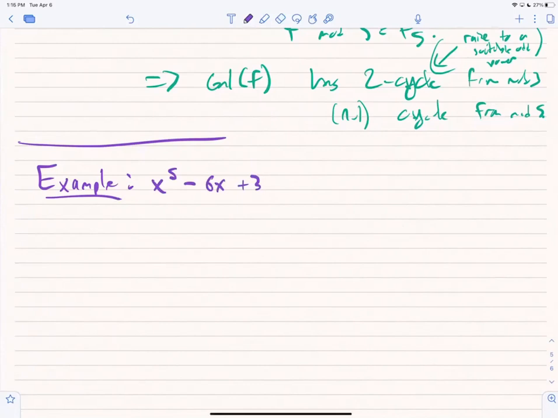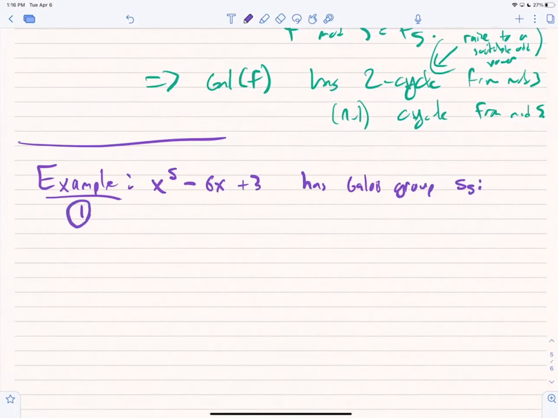So, okay, look at this polynomial, x to the 5th minus 6x plus 3. The claim is this has Galois group S5. Well, first, I claim it's irreducible.